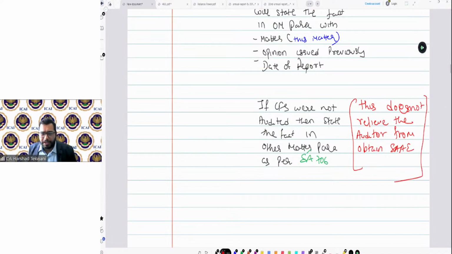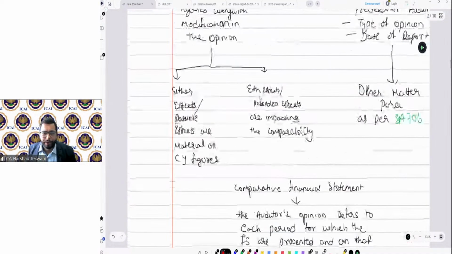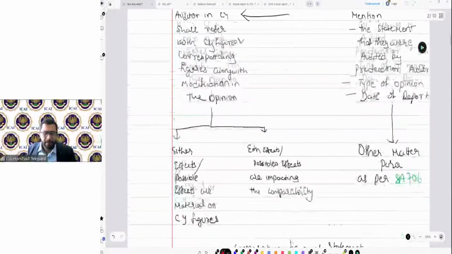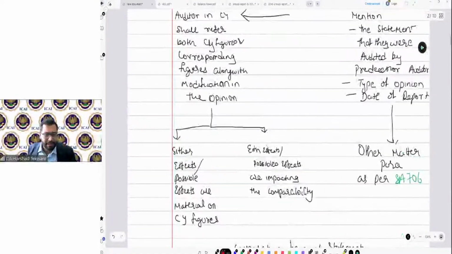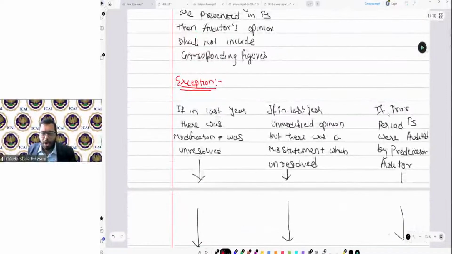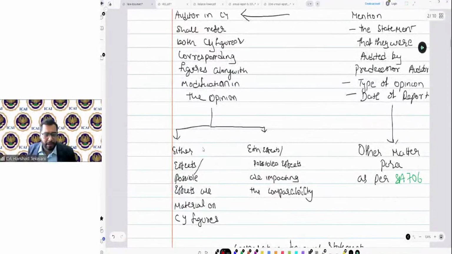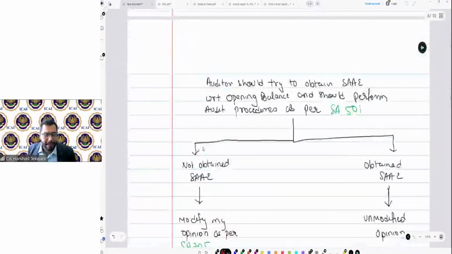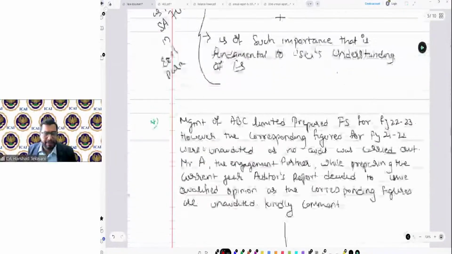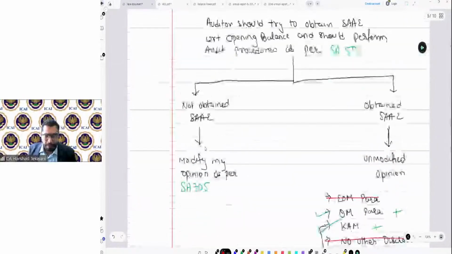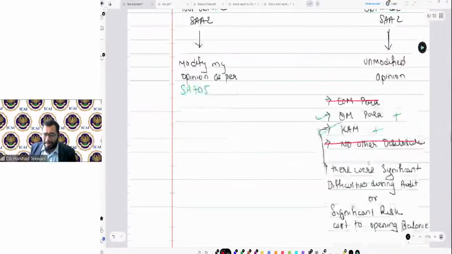This does not relieve the auditor from obtaining sufficient and appropriate audit evidence. Same when, in this case, where we were saying that these are unaudited. In our earlier example where we discussed that these are unaudited, we are required to include other matter paragraph.